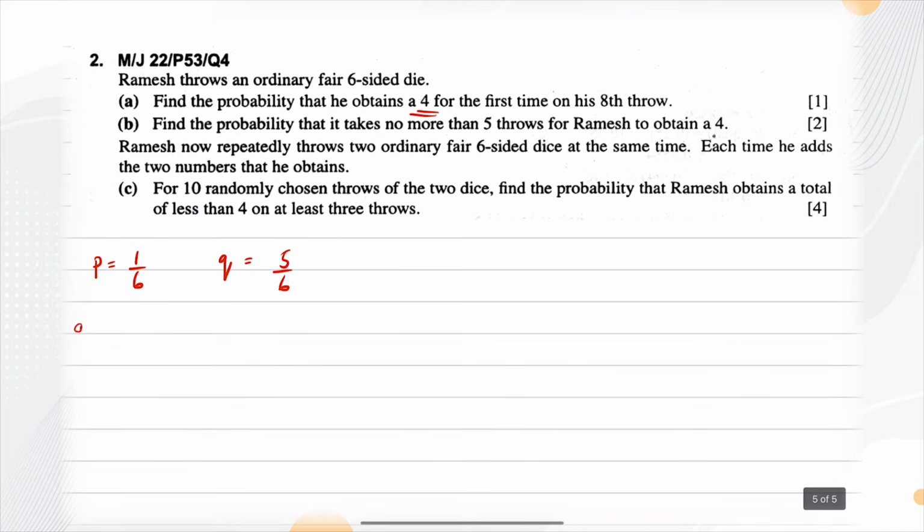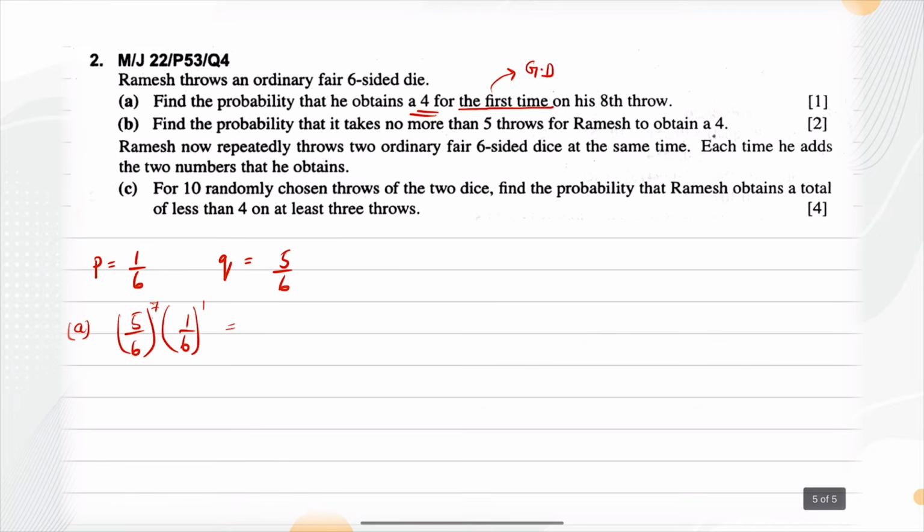So if he's getting a 4 for the first time on his 8th throw, again, for the first time, so he will fail 7 times. So what's our hint that's telling us that this is a question on geometric distribution? For the first time. So he will fail 7 times, like you said, 5 upon 6 to the power of 7 into 1 upon 6 to the power of 1.